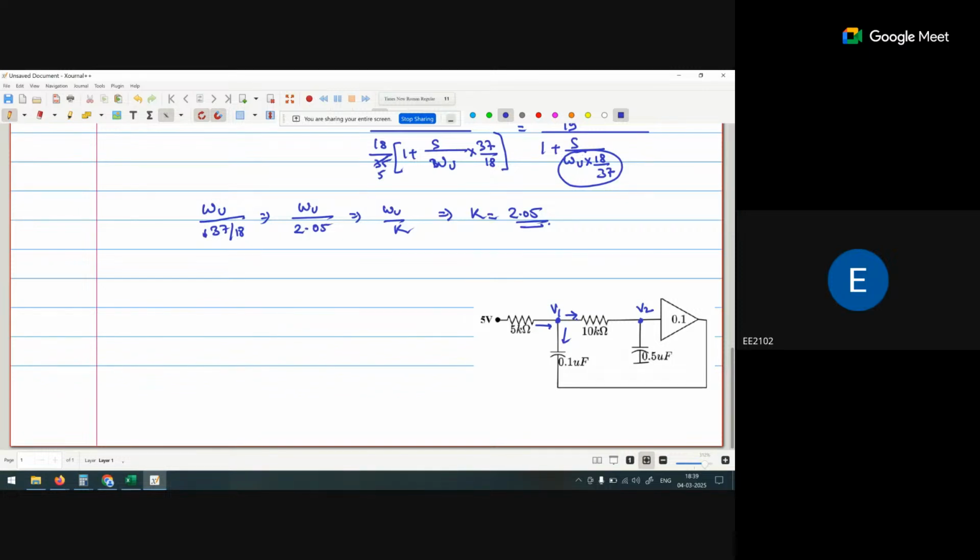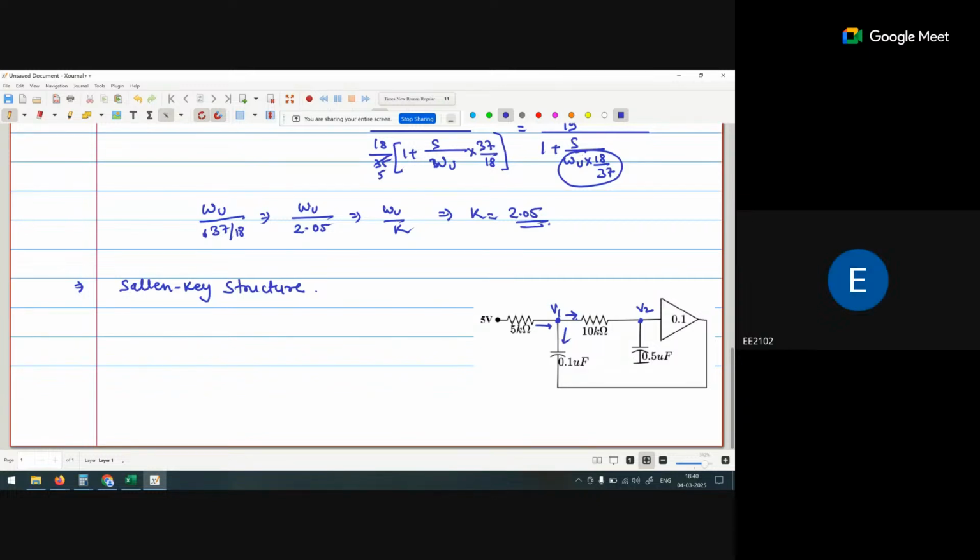It is known as a Sallen key structure. Yes, it is a Sallen key structure.